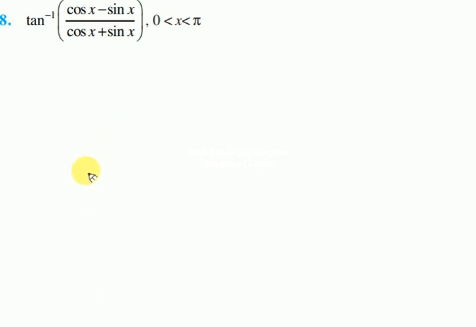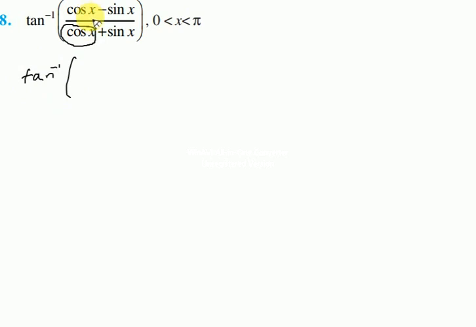So next we may have some problems like simplify the given function. Here we have tan inverse of cos x minus sin x divided by cos x plus sin x. Whenever you have terms like this, your intention must be to make the first position 1. So how can you make this 1?